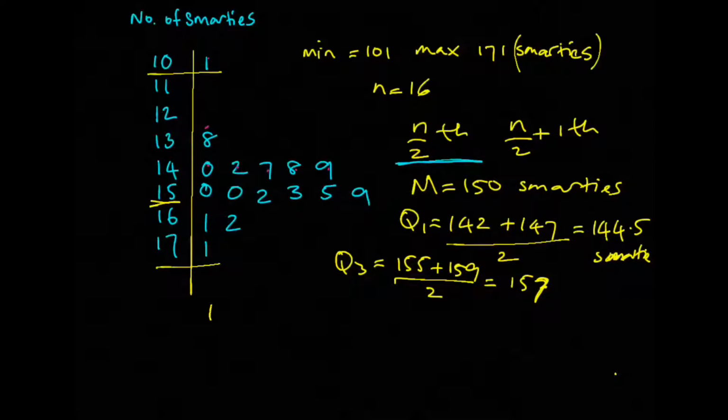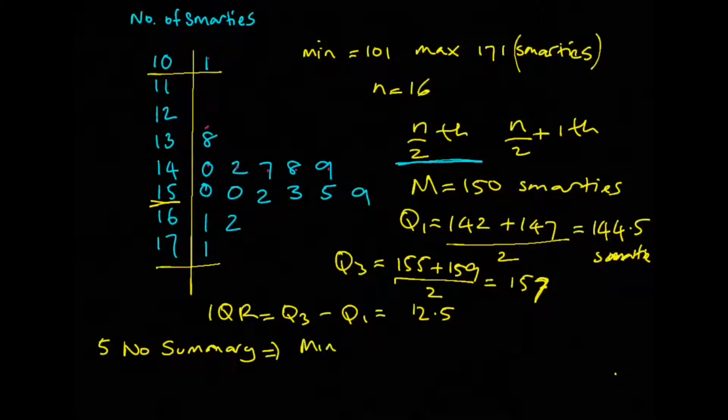So we can find the interquartile range, which is equal to Q3 minus Q1, which equals 12.5. So the 5-number summary is written as follows.